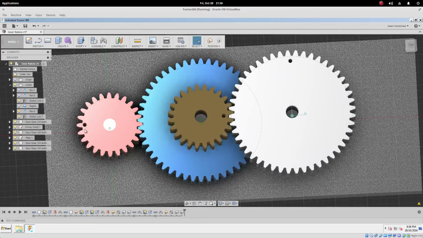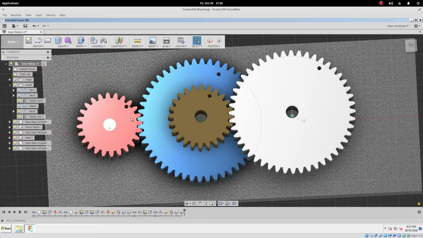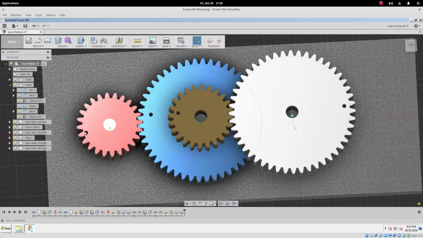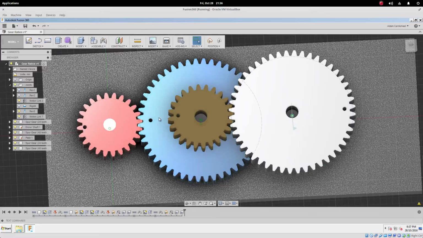But yeah, the red gear has turned around once, the blue gear has turned around a half, and then the silver gear has gone clockwise, but it's only gone clockwise by 1/4 of a turn. If I keep turning this around, this is now done 2 turns, and the blue gear has done its complete revolution.